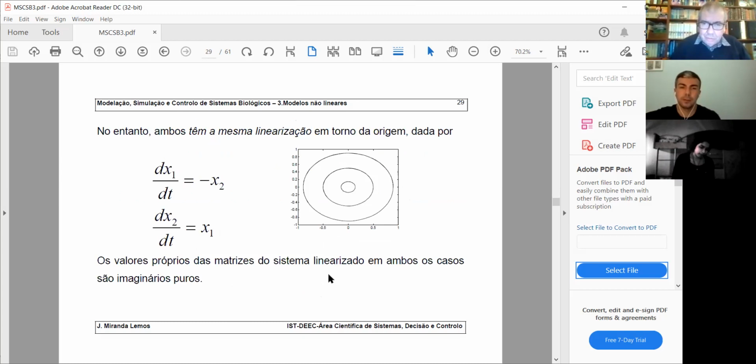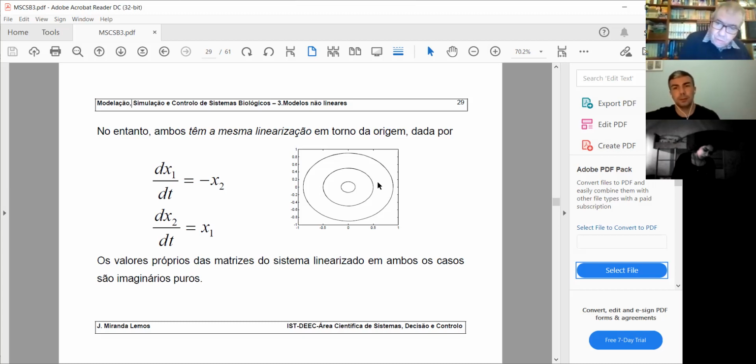The linearization is the same for both, and if you compute the eigenvalues, you find two pure imaginary eigenvalues corresponding to closed curves. So when you have a linearization with closed curves, you can't draw any conclusion about the stability of the point.